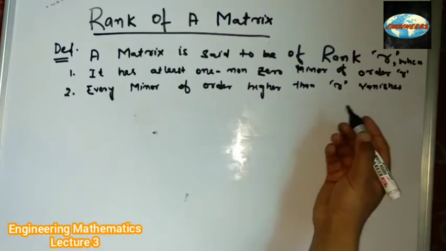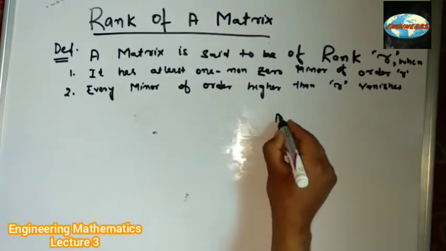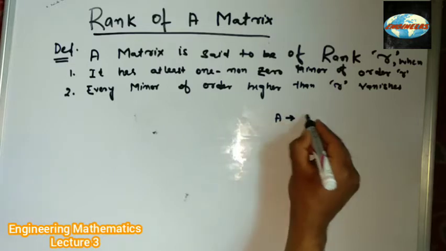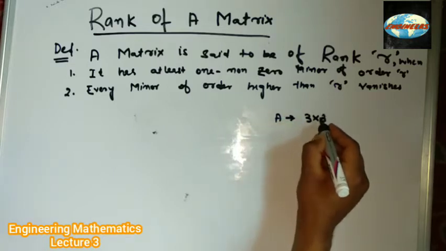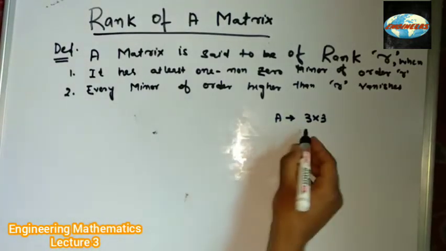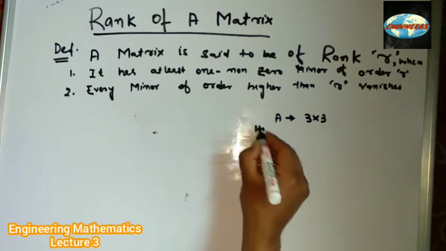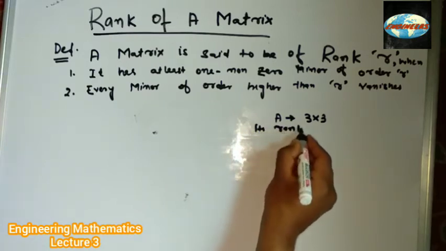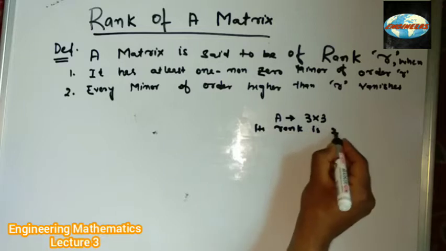Let we have a matrix A, which is a 3x3 matrix having order 3x3. I am saying that its rank is 2.